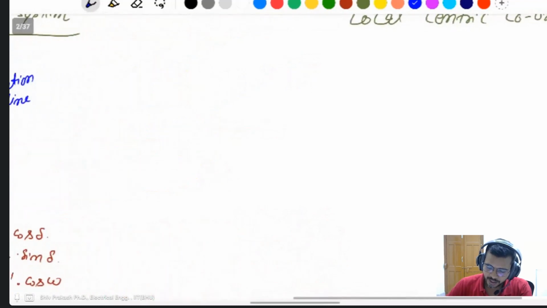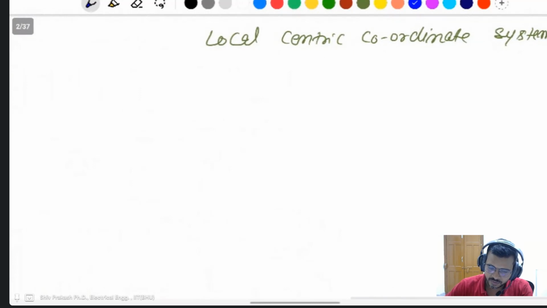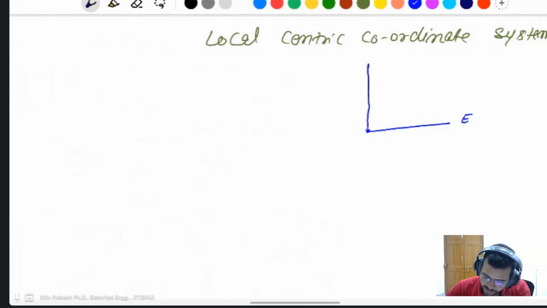Same thing, you can apply a coordinate system here. Capital E. This one will be the zenith axis Z. This one will be the south axis S. Same thing occurs here also.